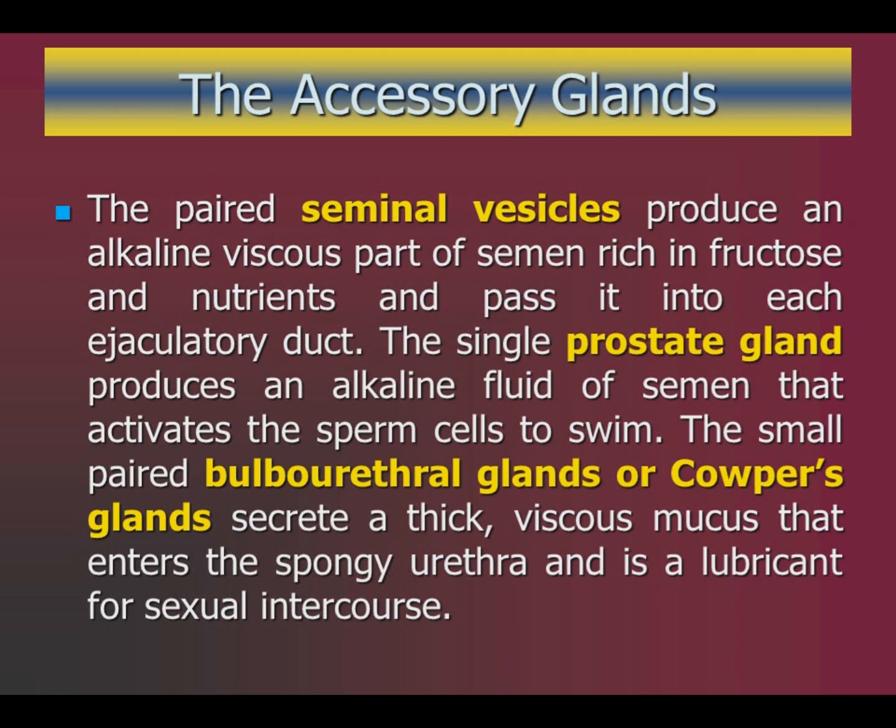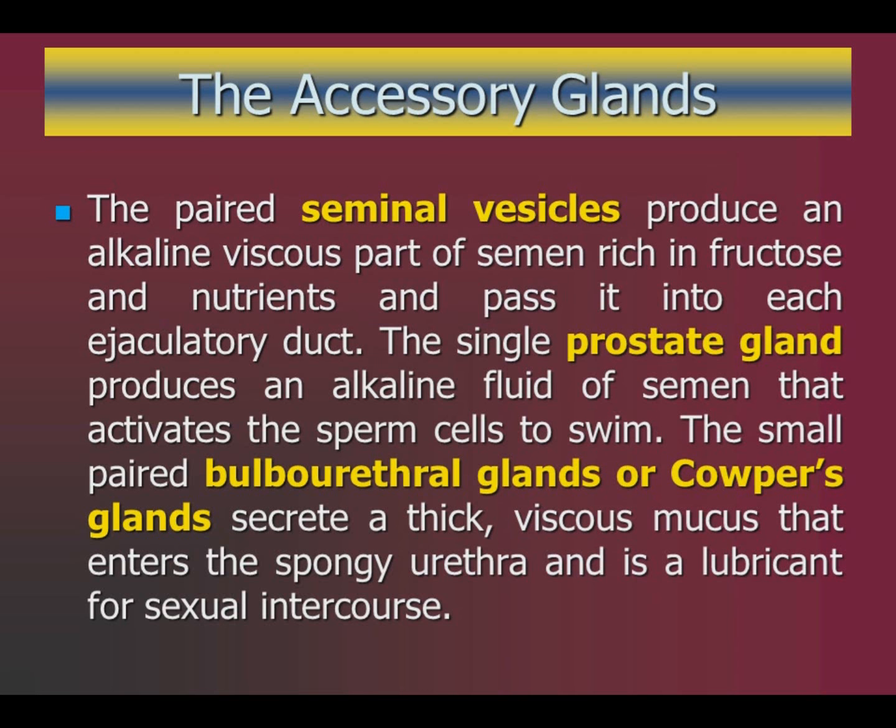They produce about 60% of the volume of semen. Because the duct of each seminal vesicle joins the ductus deferens on each side to form the ejaculatory duct, sperm and seminal fluid together enter the urethra during ejaculation.